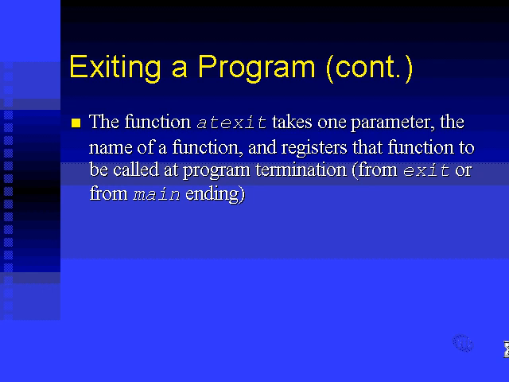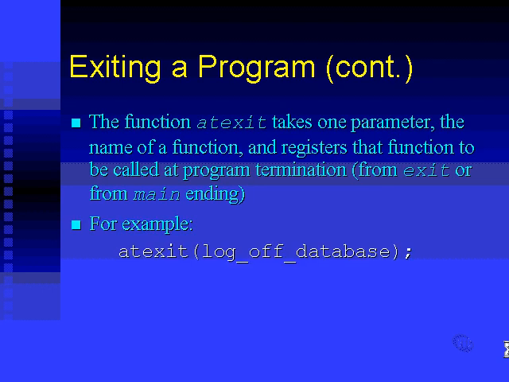Either way, the function that you specify to atexit will be called. It looks like this. You might, for instance, be using a database program, and at the beginning of the program you log on to the database, and there may be 25 different instances scattered all throughout the program where you call the function exit because something's gone wrong or whatever.